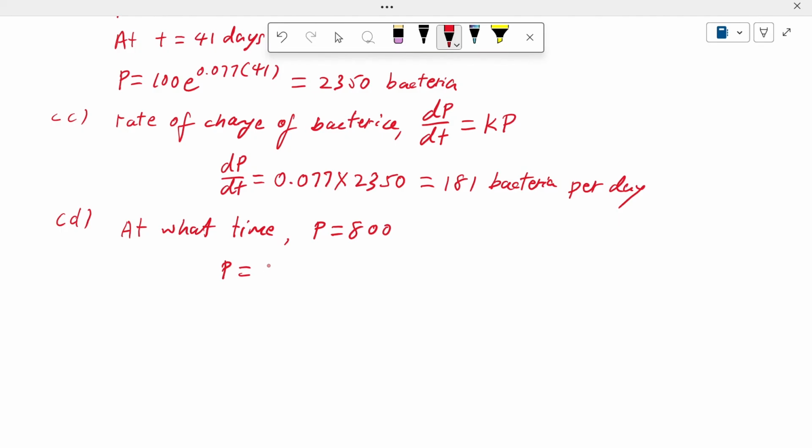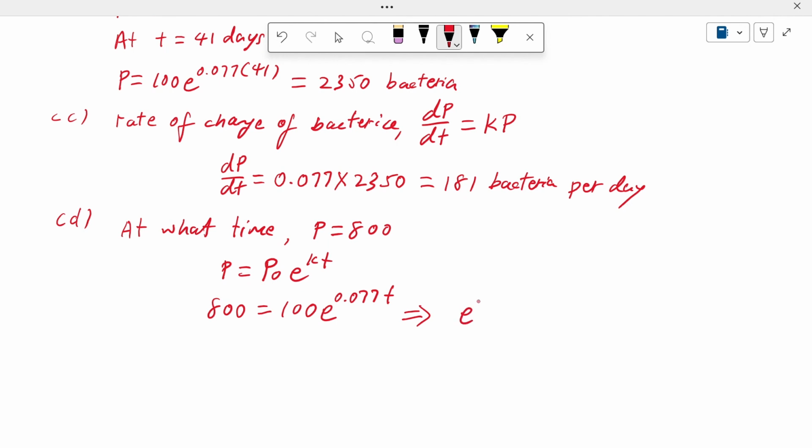So we use the same equation, P equal to P naught exponential kt. We want to know what time, so we substitute P equal to 800. P naught is the initial size, k we already got from before, and times the t. Okay, so solving this, we can find the t value.